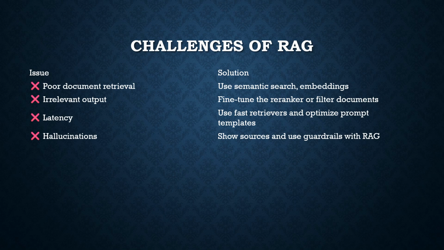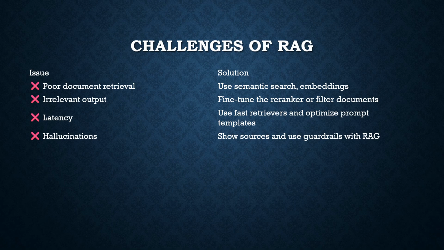In that case, you have to clean your data and apply semantic search or embedding so that it gets the most relevant information. To solve the irrelevant output issue, you can fine-tune the re-ranker or filter your documents. As I have told you, if you are using a re-ranker and applying some fine-tuning, then it will provide the most relevant output.